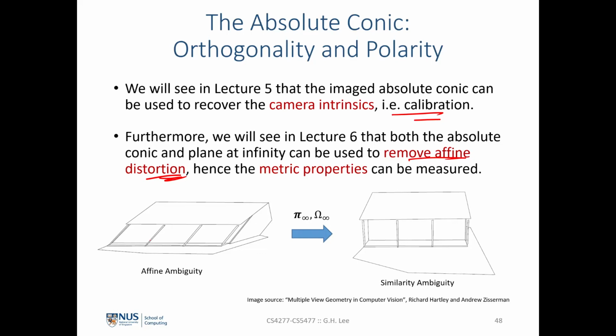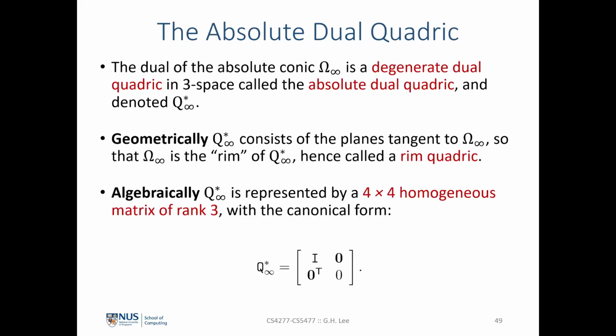After we have done the reconstruction, we can remove the projective ambiguity and then make use of the absolute conics here to remove the affine ambiguity, such that we will be able to recover the 3D reconstruction up to a certain scale.